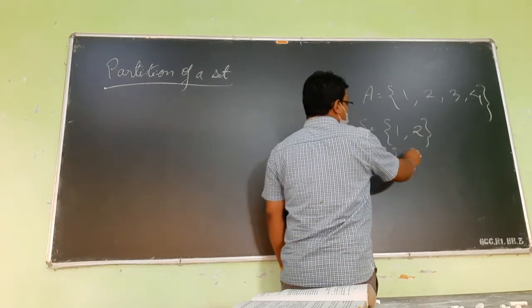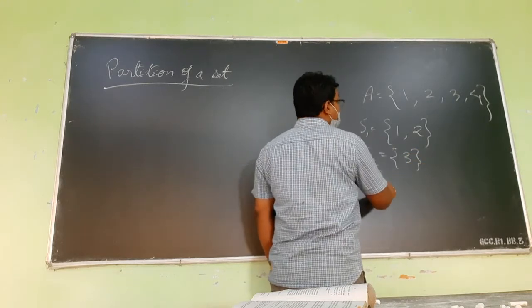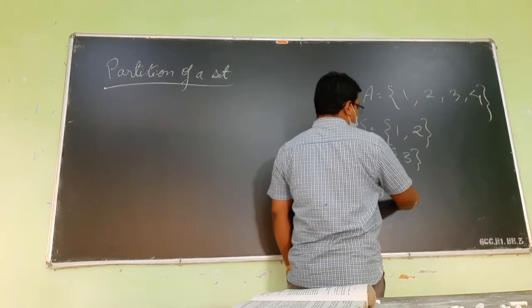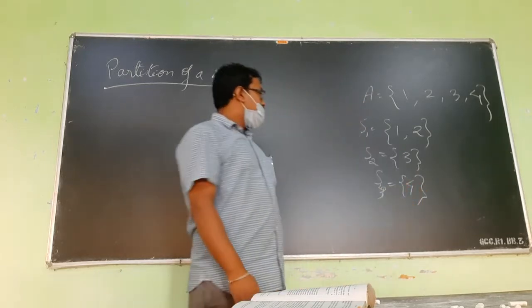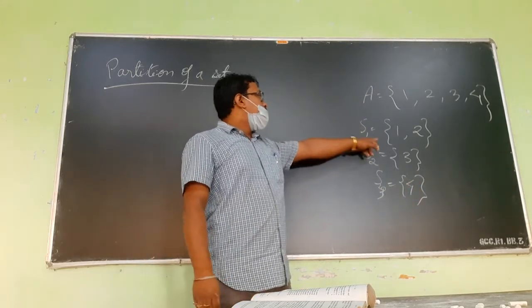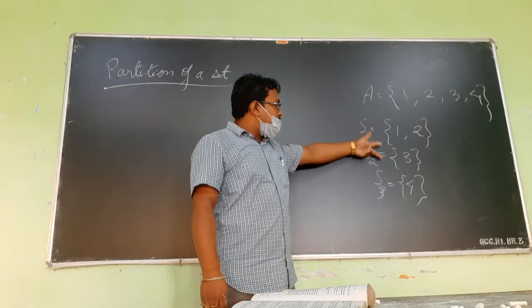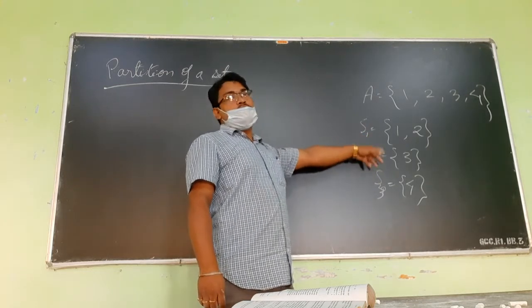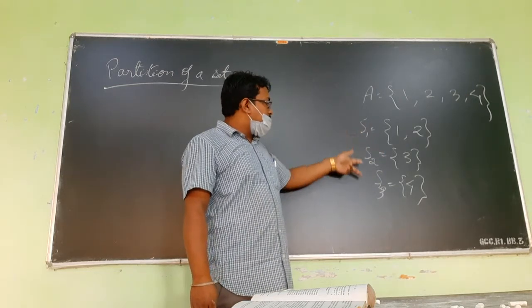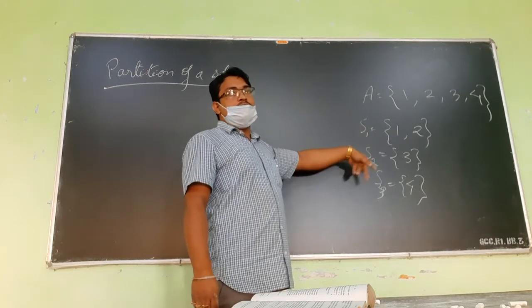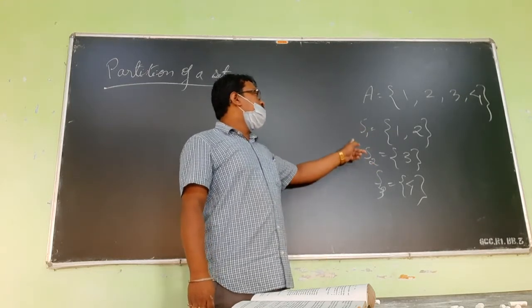S2 I write as {3} and S3 I write it as the empty set. So these subsets they are mutually disjoint. Okay, means you take any two subsets, take the intersection, they are disjoint. Okay, so these are called mutually disjoint.